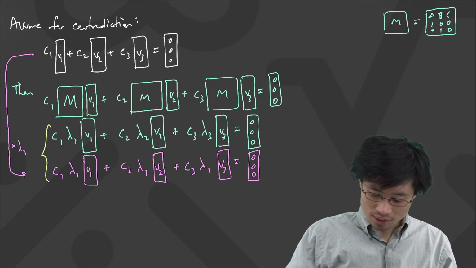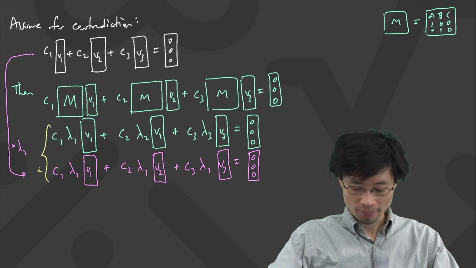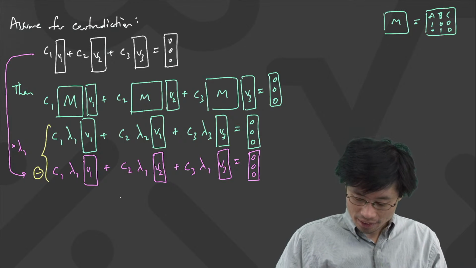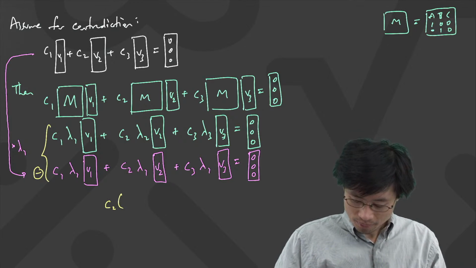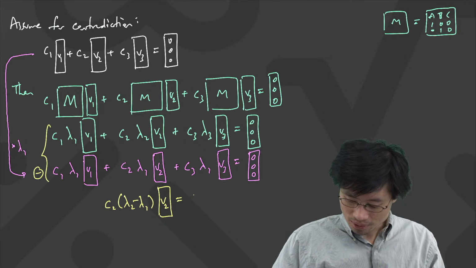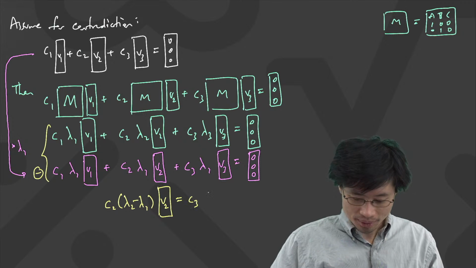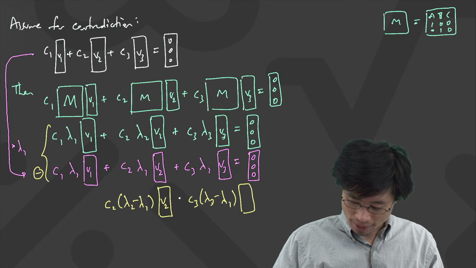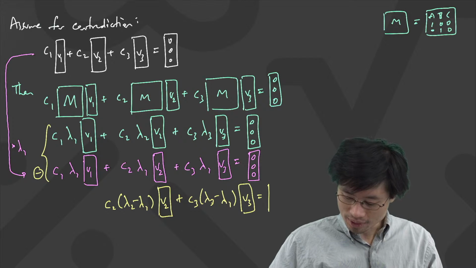If I subtract these two, I get an interesting equation: C2 times lambda 2 minus lambda 1 times V2, plus C3 times lambda 3 minus lambda 1 times V3, equals 0, 0, 0.